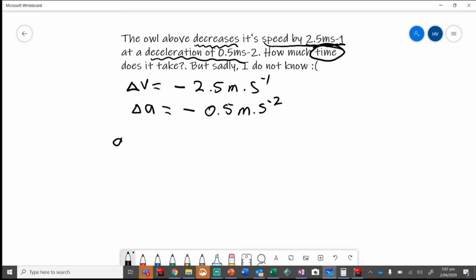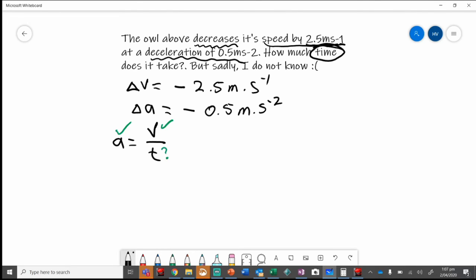Now you know that acceleration equals velocity over time. They've given us acceleration and velocity, and they are asking for time. So how do we change that? It's quite simple.